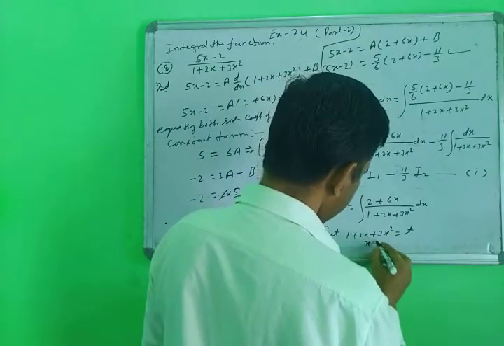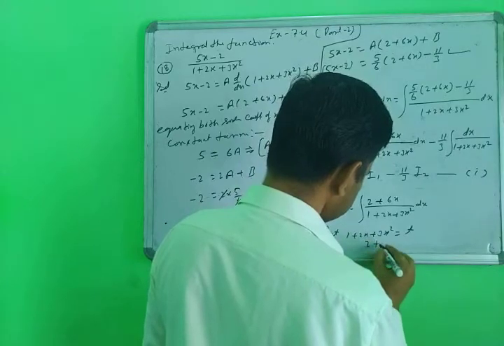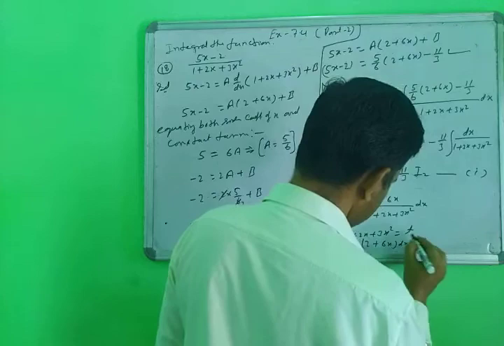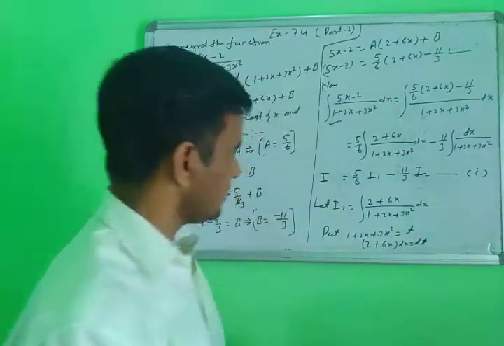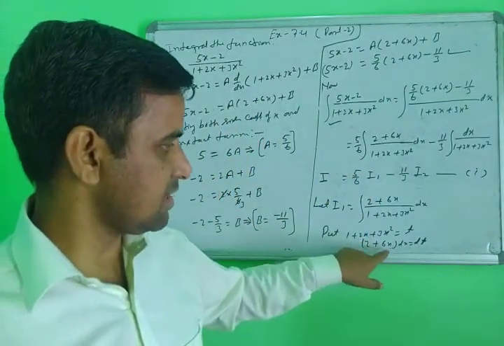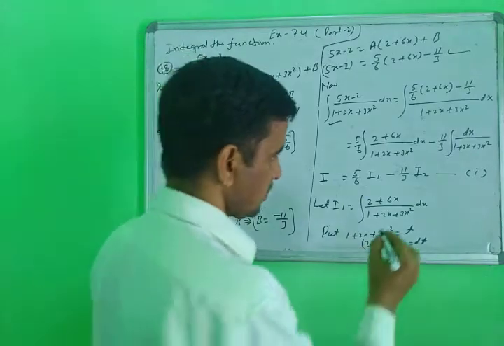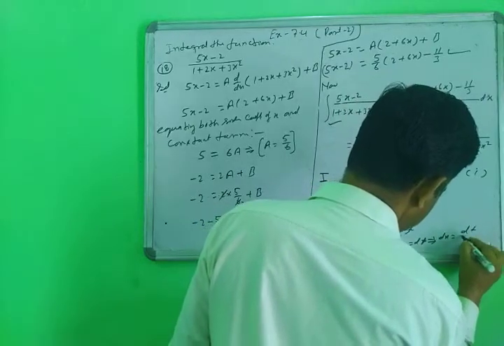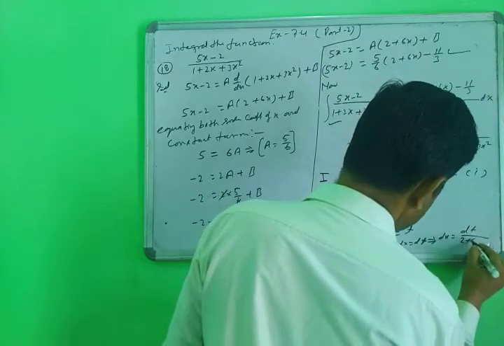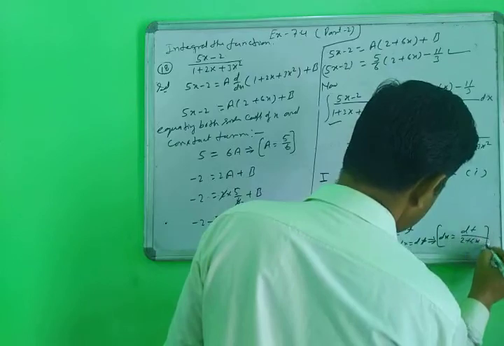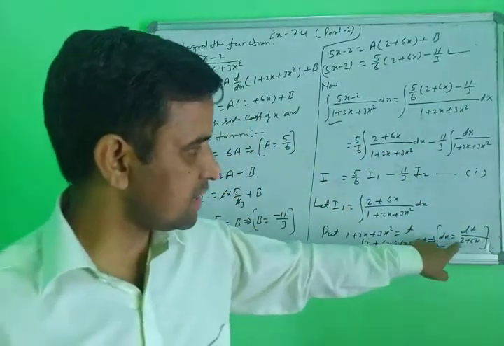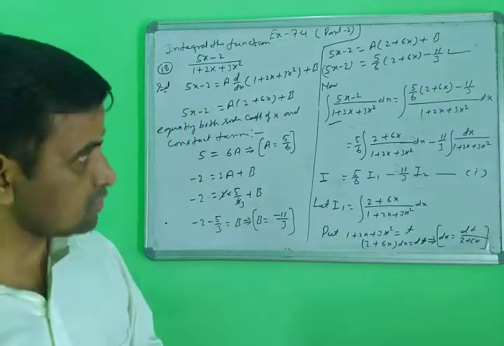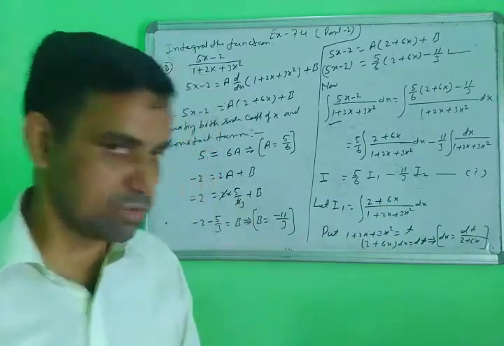Then 2 + 6x dx equals dt, so the value of dx is dt over (2 + 6x), and this will be easily cancelled here. Note this down, then further we will solve.